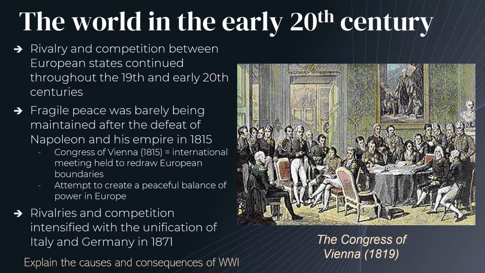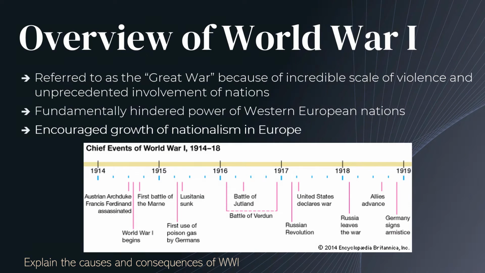So we have two new unified nations on the scene who are now starting to get involved a little bit late in some case, in Germany's case, a little bit late compared to the other European powers, but really jumping in with both feet into imperialism. So we've had the scramble for Africa, we're working up, and the turn of the century into the 1900s.